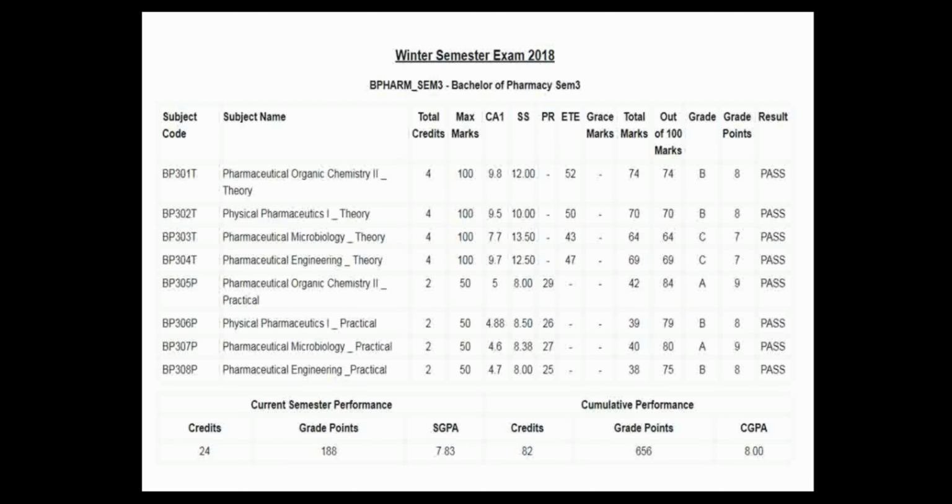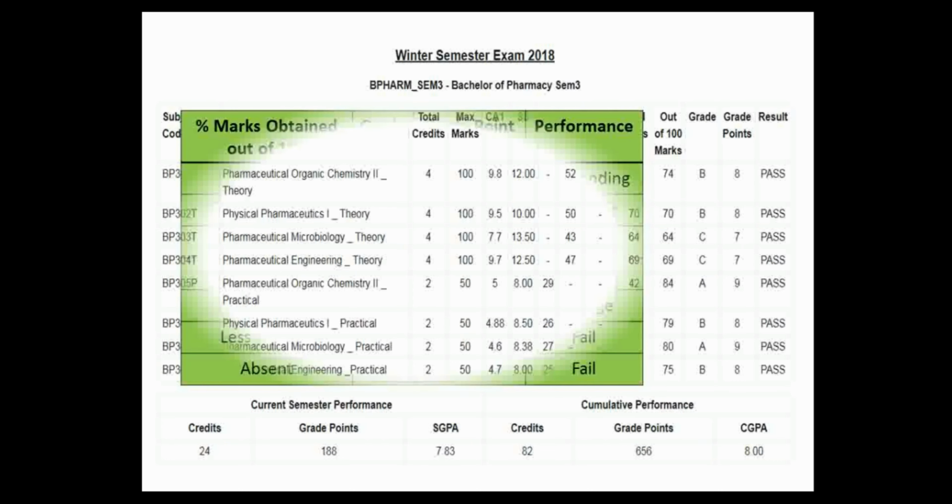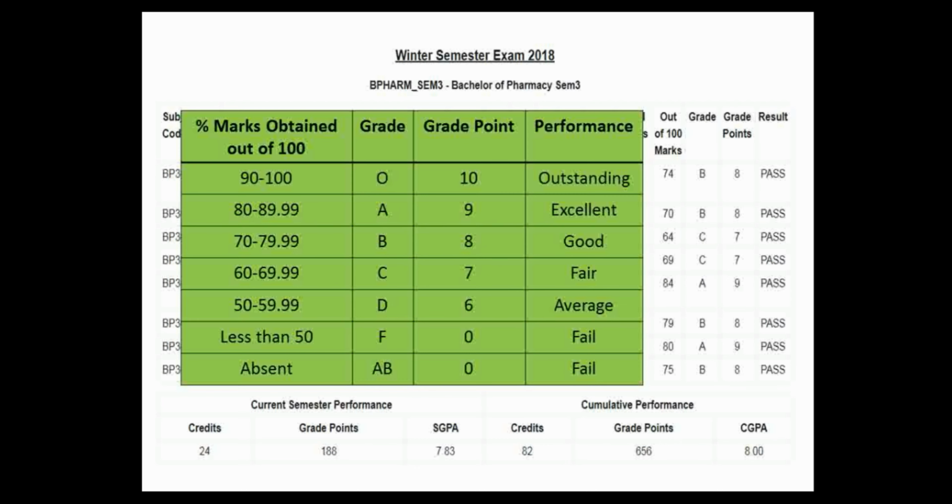Depending upon the marks obtained out of 100, the grade is obtained and the grade points of the respective grade are given in the result. If you receive 74 marks out of 100, it is in the range of 70 to 79.99, and you will receive grade B and the respective grade point is 8.